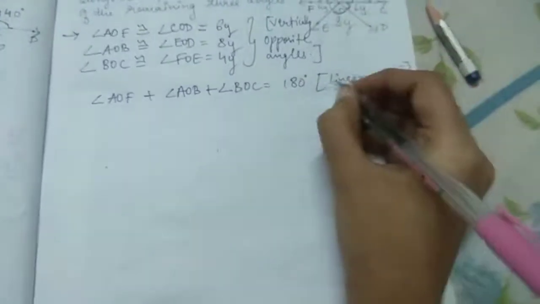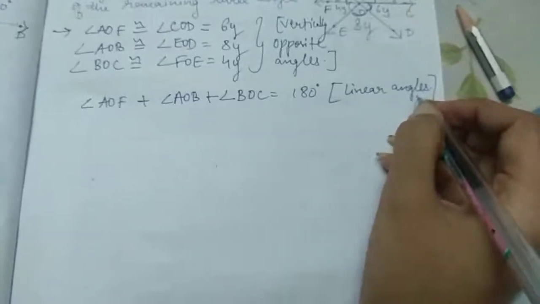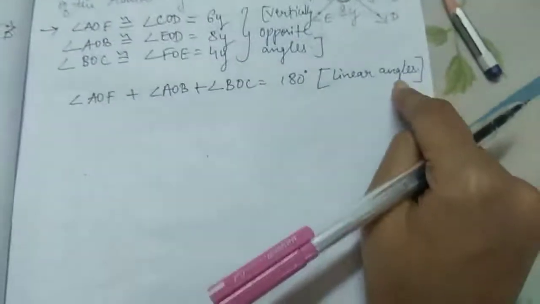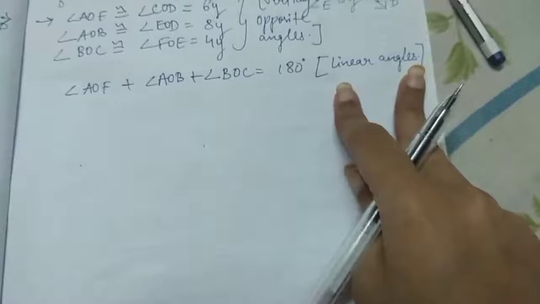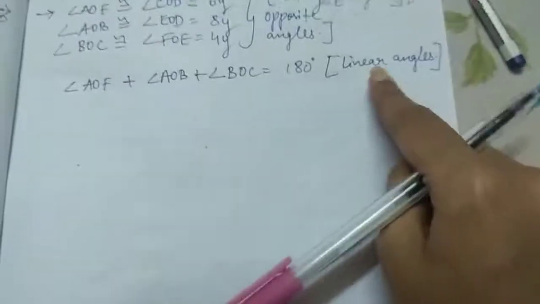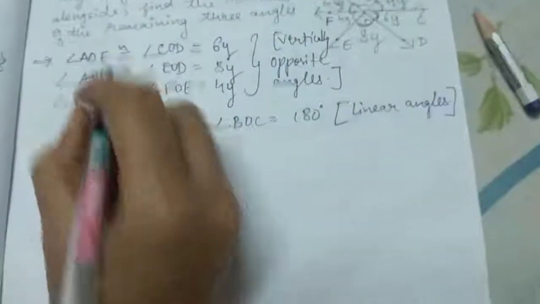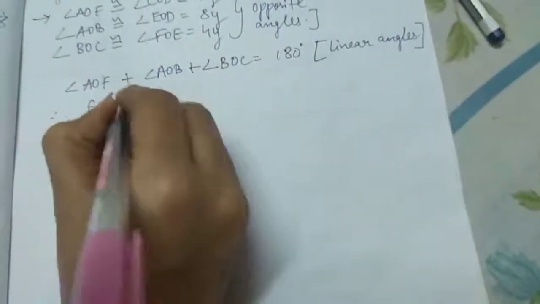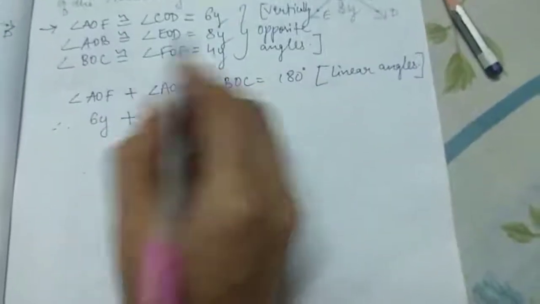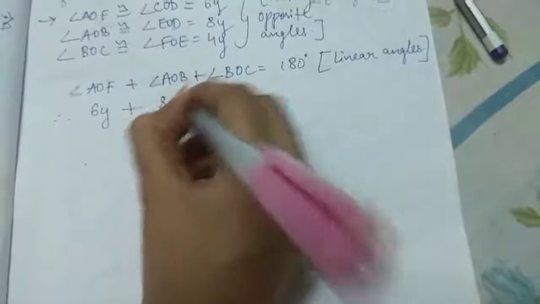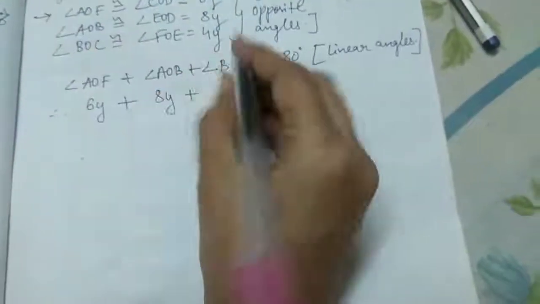I am writing here linear angles and not pair, because if I write pair, it indicates two angles. That's why I am writing linear angles. So there are three angles. So what is AOF? AOF is 6y. Hence we will write here 6y. What is AOB? AOB is 8y. And BOC is 4y.